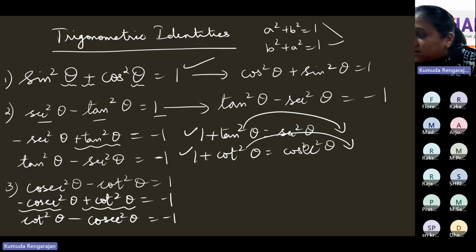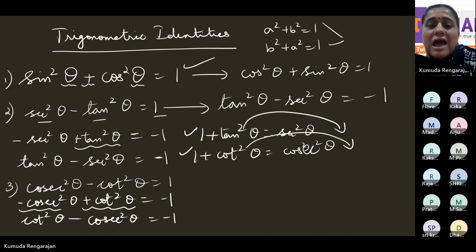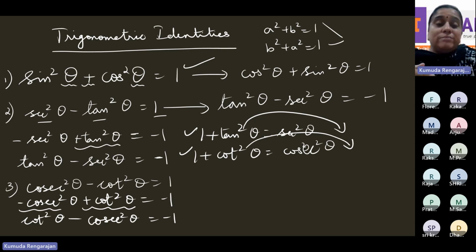I repeat, in class 9, we learned a few algebraic identities. These identities were used to prove some other, bigger algebraic identities.